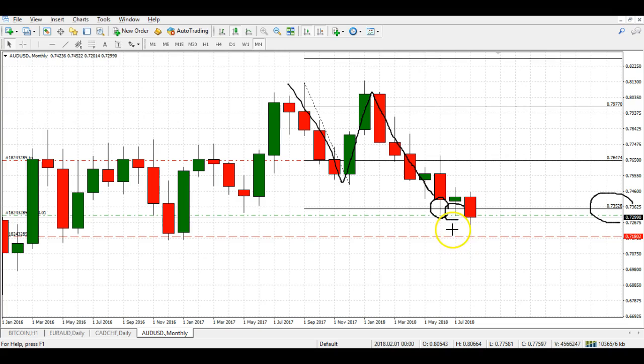However, I suspect that this may end up to be a false breakdown. Meaning, just think about it. We got 10 days till the end of this month, right? And we can already see the spike that is starting to form as price keeps pulling back, right, and upwards.